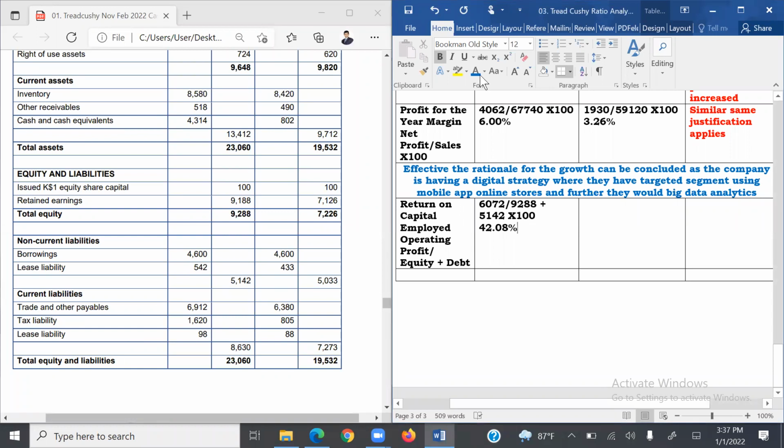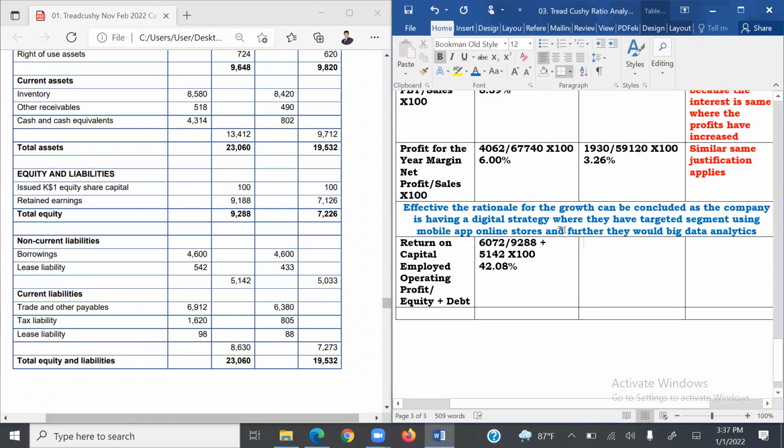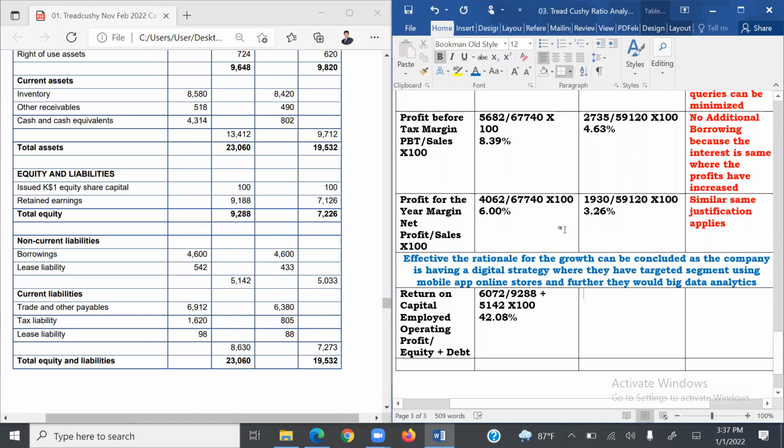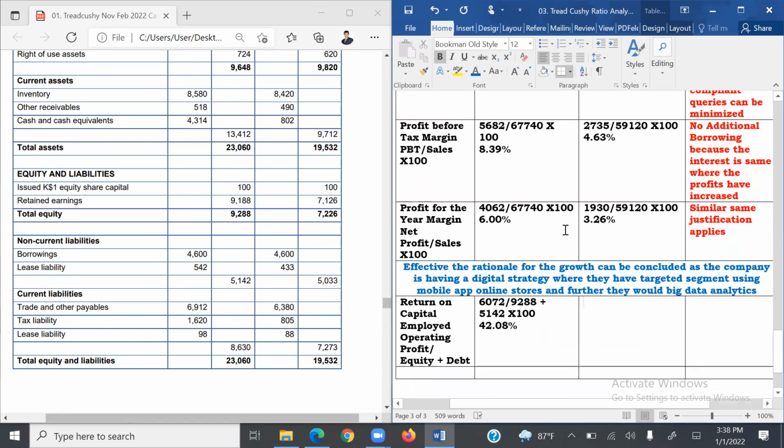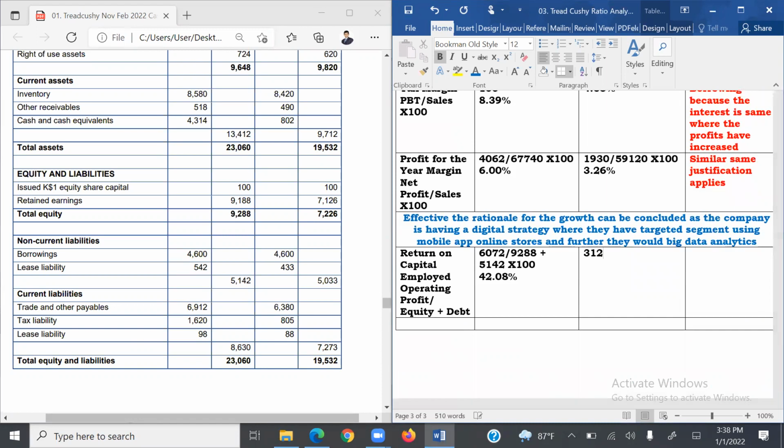Thank you, students. So let's do the next year one. You can do it with me. Let's do the operating profit. I'm taking it from here, and I can easily take it. So it's going to be 3,125 divided by the total equity, that is 7,226, plus, if I'm not mistaken, 5,033, multiplied by 100.